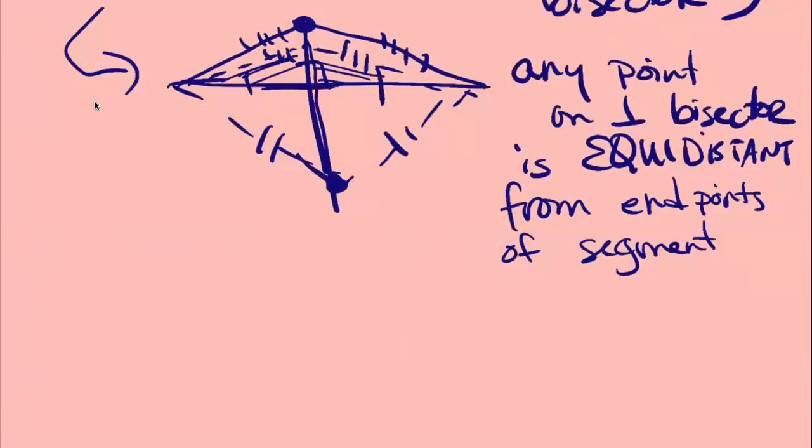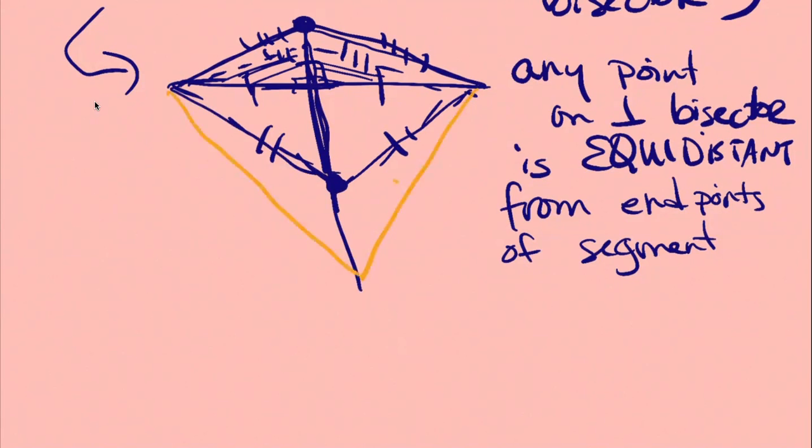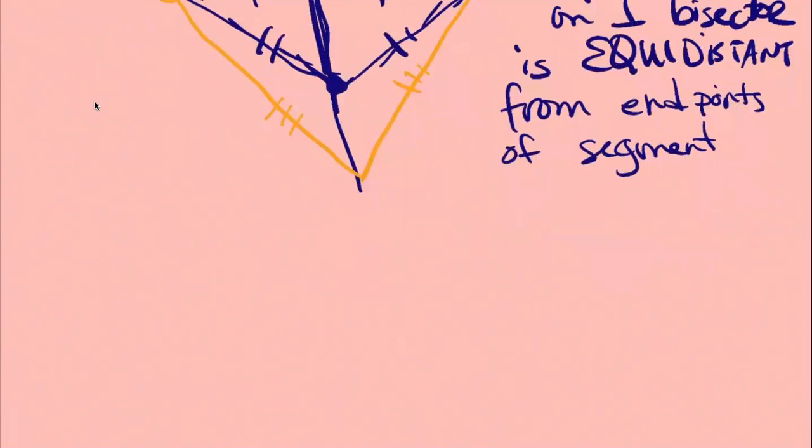We bisect the original segment, we get two 90-degree angles, and then because we've cut the segment in half, any place on that perpendicular bisector, we're going to get two segments that are the same distance from the endpoints of the segment. Okay. So that's a huge idea, big idea.